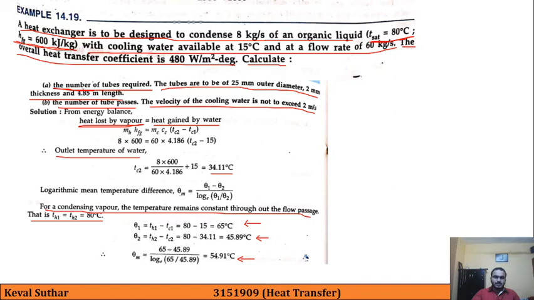So our first objective is to calculate the number of tubes which are required.